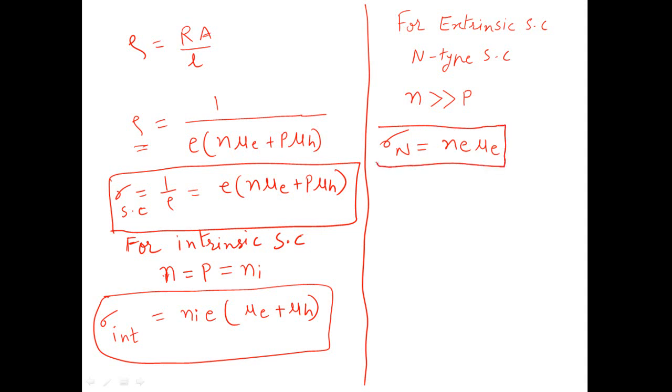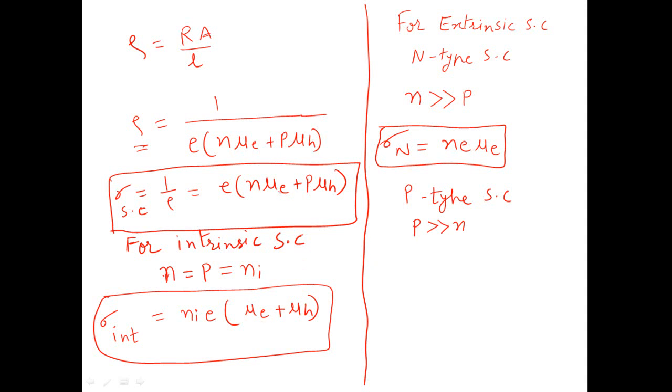So this is the expression for conductivity of n-type semiconductor, while for p-type semiconductor, majority charge carriers are holes, and the number of holes is very much greater than the number of electrons, that is hole density is very much greater than electron density.